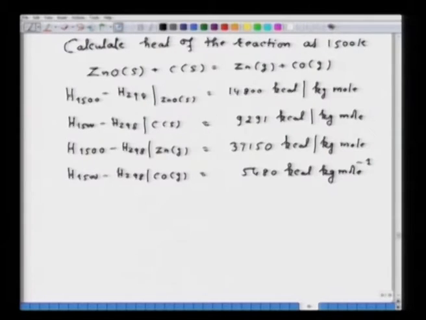Now, you also require the heat of formation of compounds. Say delta HF of ZnO is equal to minus 83,310 kilocalorie per kg mole.